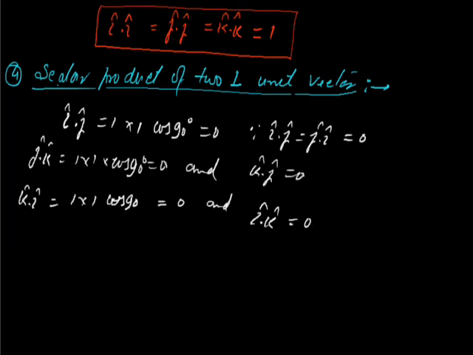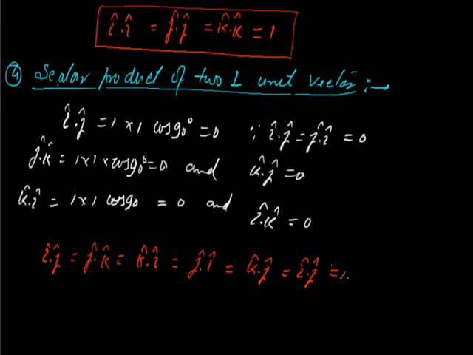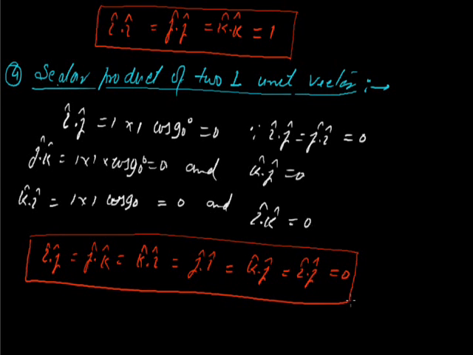Hence i dot j equals k dot i equals j dot i equals k dot j equals i dot k, all are 0. These are the results of a scalar product.